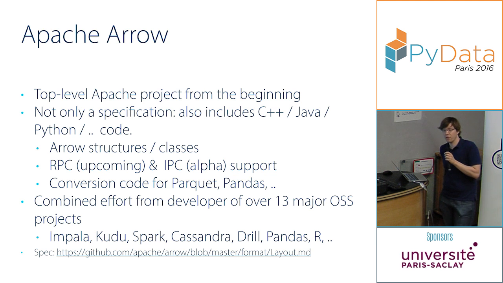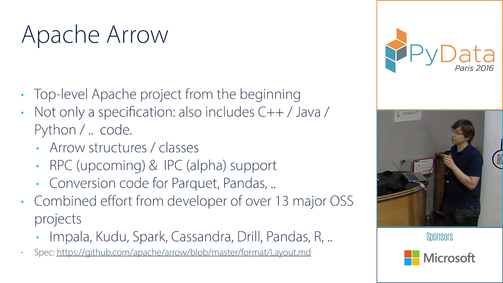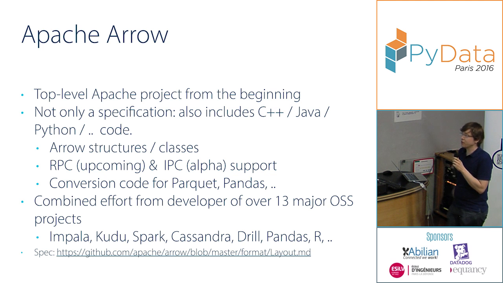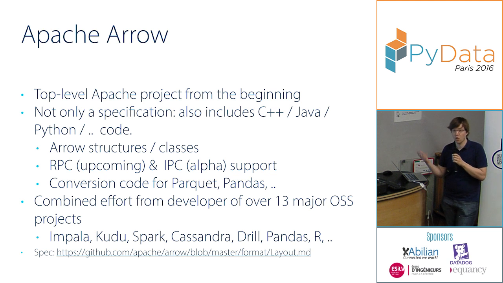Also inside Arrow are conversion routines. So you can load Parquet data into Arrow structures, and you can convert Arrow memory to Pandas memory. There is sadly some copying involved, because Pandas, or rather NumPy, has other definitions of how to store null values.